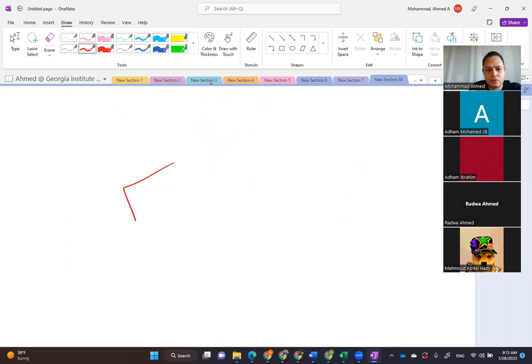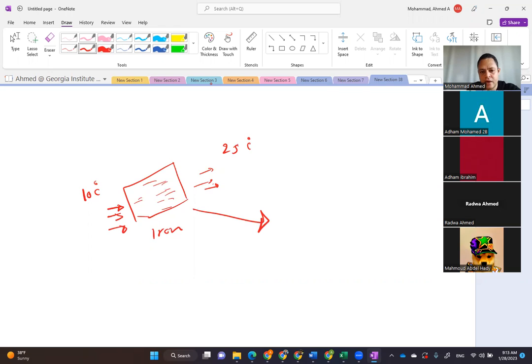So if I have a substance or material like iron and heat it, for example starting at 10 Celsius and heating it to 25 Celsius, the change in temperature here depends on, number one, the mass of this material.